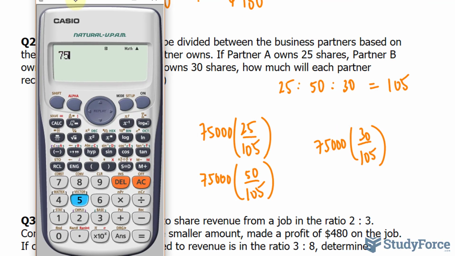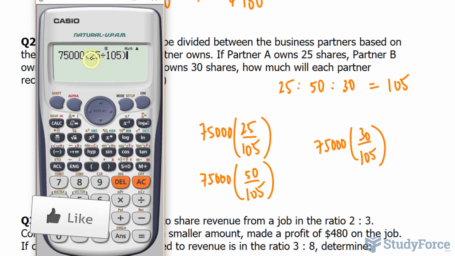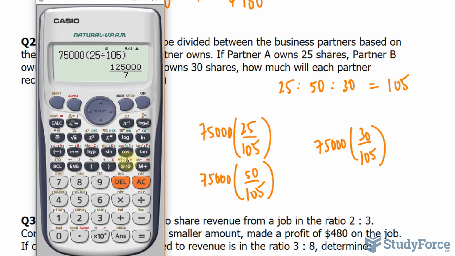So you can write down 75,000, and rather than doing it in 2 parts like we did in question number 1, you can write down 25 over 105, or 25 divided by 105. Make sure that you put that in brackets, and you end up with approximately 17,857. And to 2 decimal places, you would end up with 17,857 decimal 14.